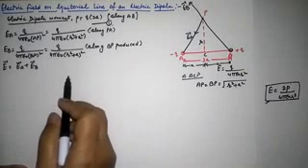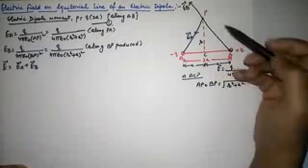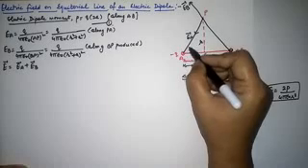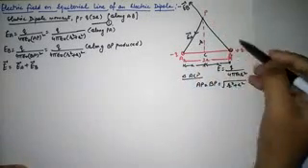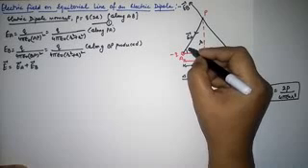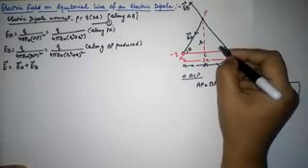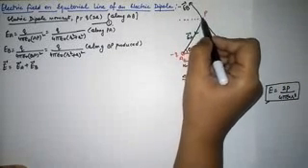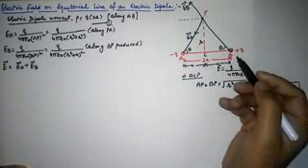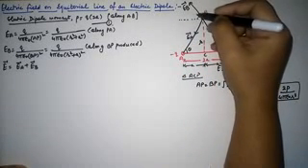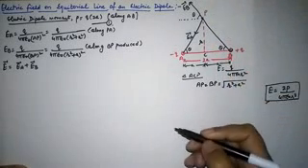Now two ways are there to simplify this. See, this is an isosceles triangle, so these two sides are equal, AP is equal to BP. So both these angles will be the same. This is theta, this is also theta. If we draw a horizontal line here, then if this angle is theta, this angle is also theta, corresponding angle.